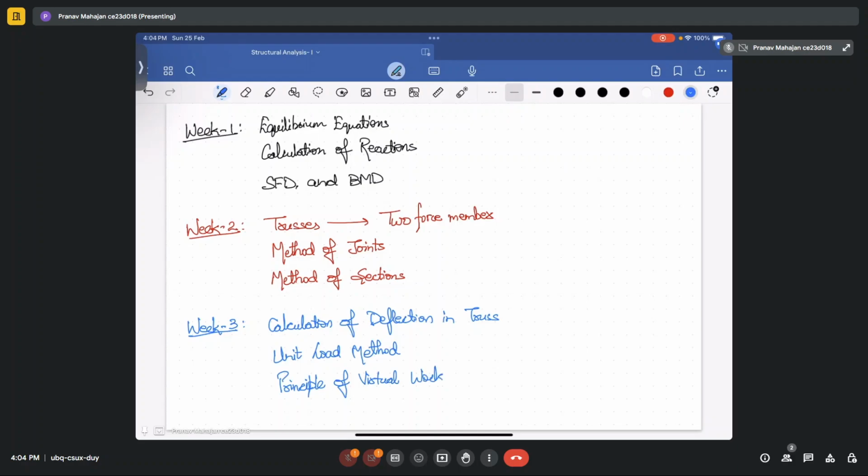So what we have said here is that if you require to calculate the horizontal and vertical deflection at any joint of the truss, you have to apply a unit load in that particular direction.